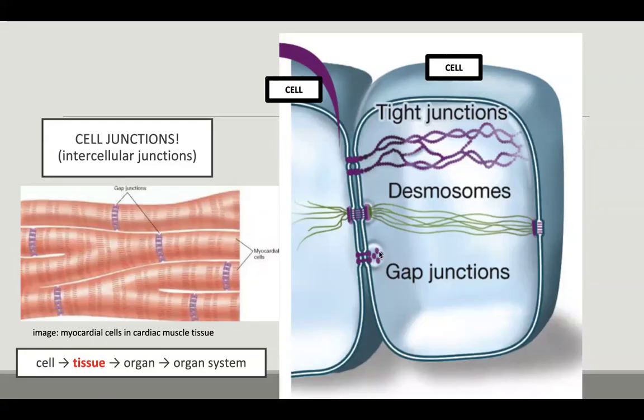The main importance of gap junctions is they promote communication between the cells. So they're made up of protein channels called connexons. These connexons span the plasma membrane of two adjacent cells and protrude from them slightly into the cytoplasm. And then connexons are made up of connexins, which snap together to generate a pore. So it helps make sure that substances are able to go through from one cell to another.